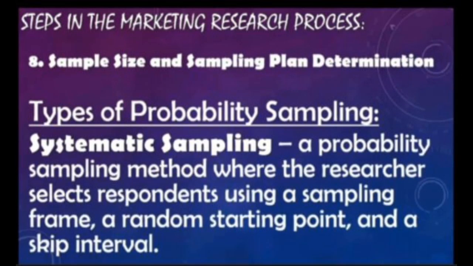The second type is the systematic sampling. It is a probability sampling method where the researcher selects respondents using a sampling frame, a random starting point, and a skip interval. So, for example, there are 10 persons in a population. You are going to select only the third, sixth, and ninth member of the group and skip those intervals.